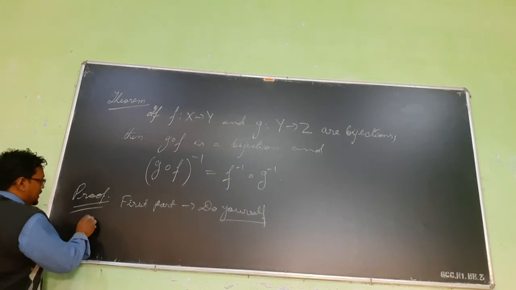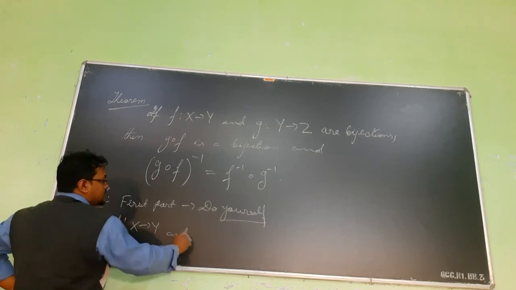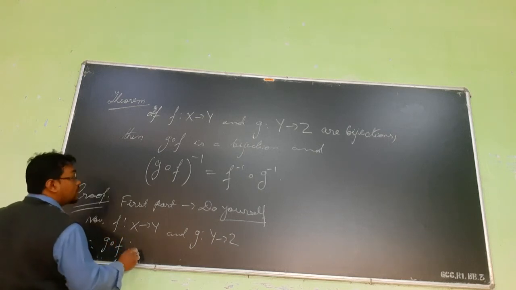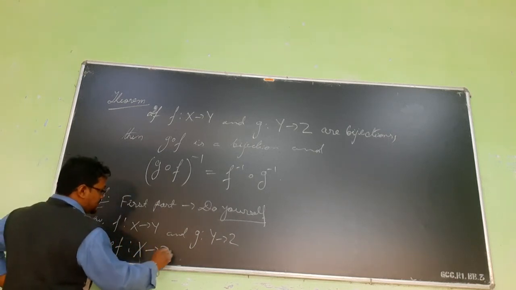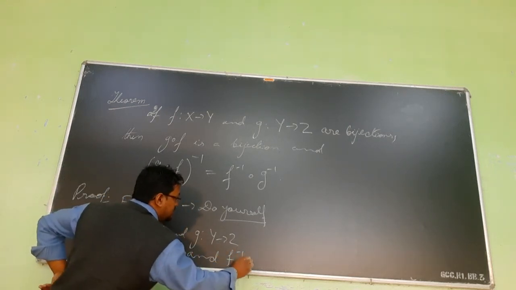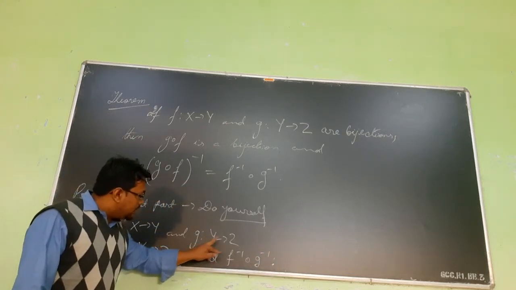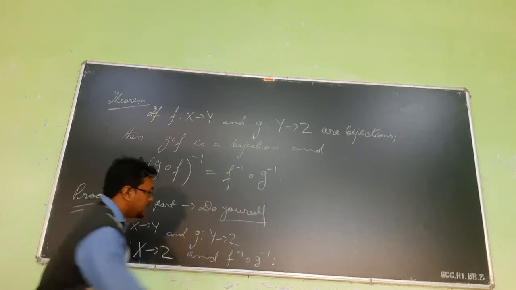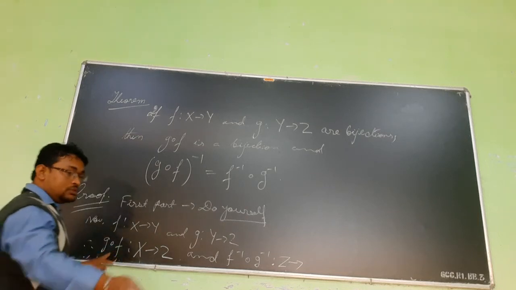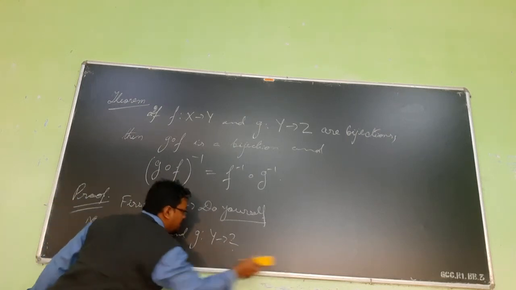So now we have f is a function from X to Y and g is a function from Y to Z, therefore g∘f is a function from X to Z. And f inverse ∘ g inverse, this is a function from where to where? See, g is from Y to Z so g inverse is from Z to Y. Oh sorry, (g∘f) whole inverse. Okay, let us write it in two parts.